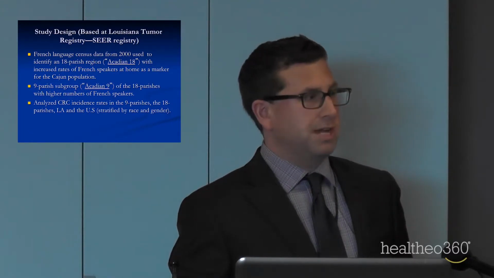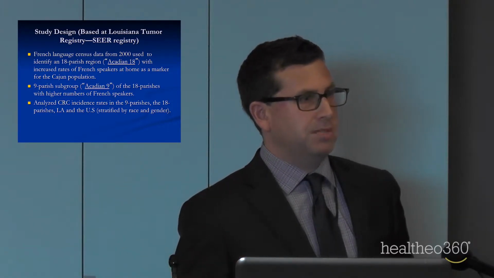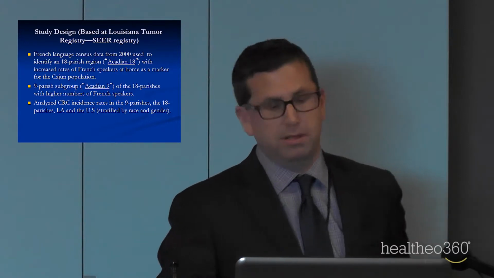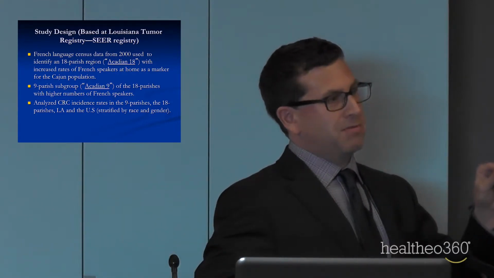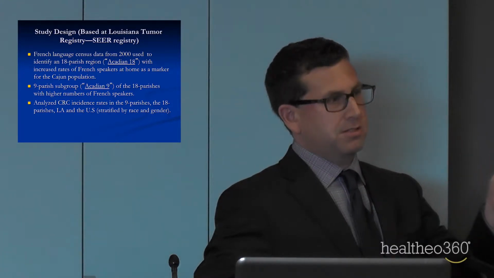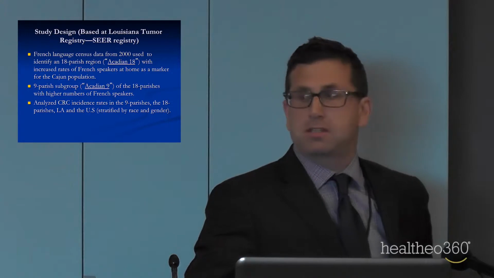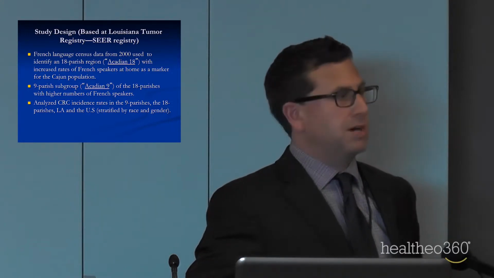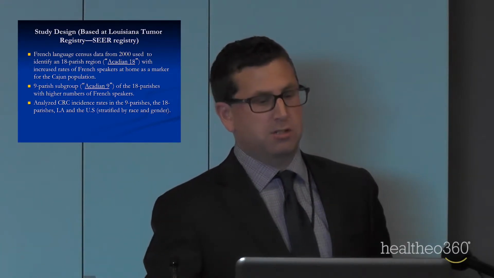So we used SEER data, publicly available data, so we had a hypothesis and we were able to use this publicly available data to try and answer that question, or at least create some information that will lead to further study to solidify the answer to that question. What we did is we used French language census data from the year 2000 to identify 18 parishes in southern Louisiana with high rates of French speakers, and we also correlated that with ancestry data.